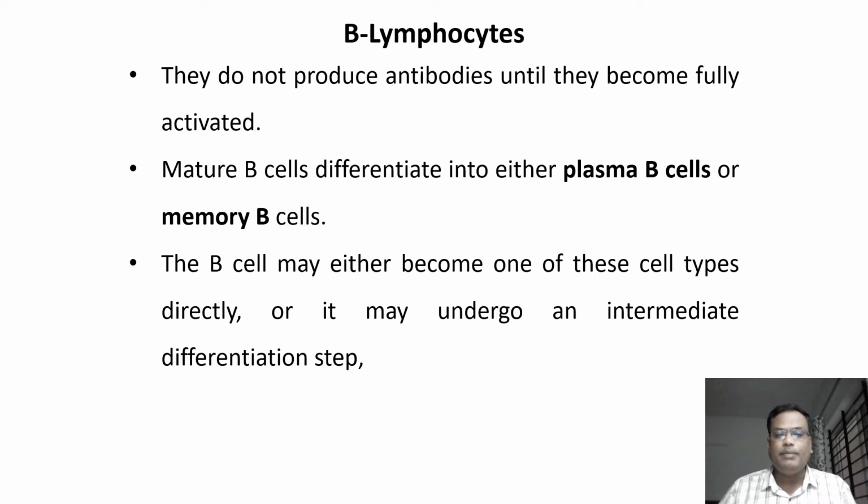The B cell may either become one of these cell types directly, or it may undergo an intermediate differentiation step. So the conversion of the B cell into plasma cell or memory B cells may be a direct process, or it may involve some intermediate steps. That is about the B lymphocytes.